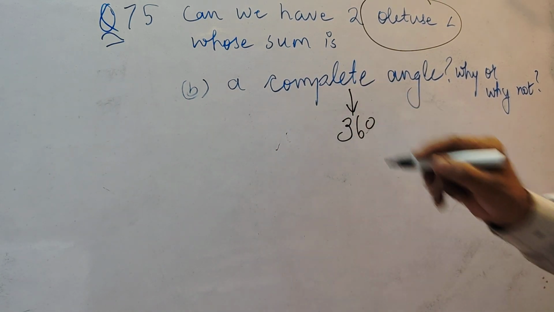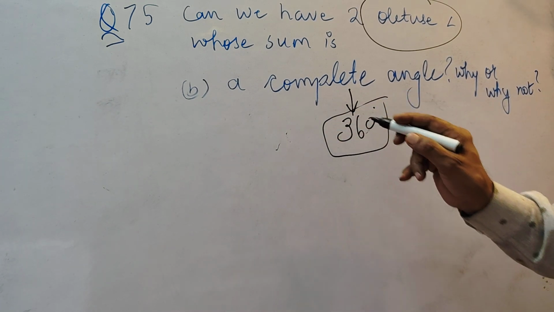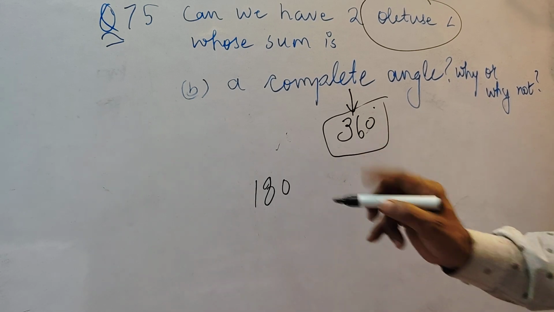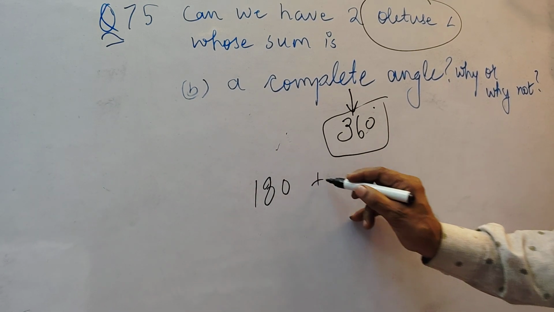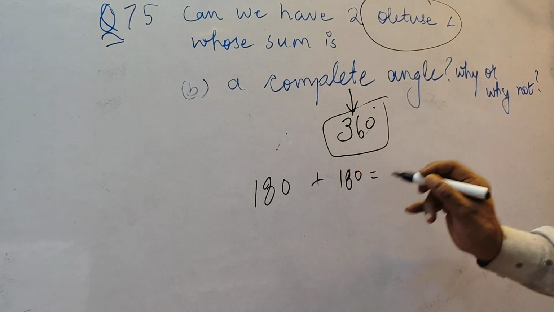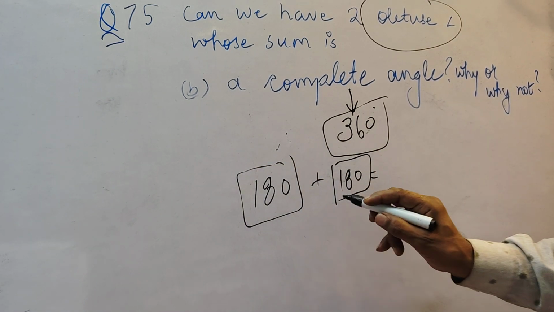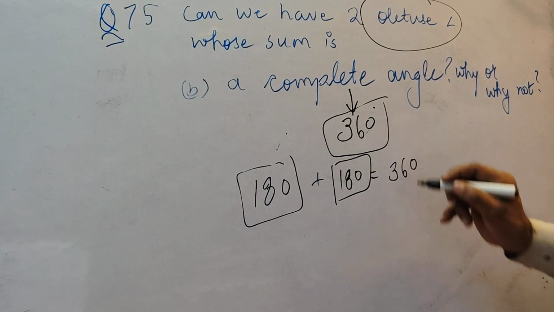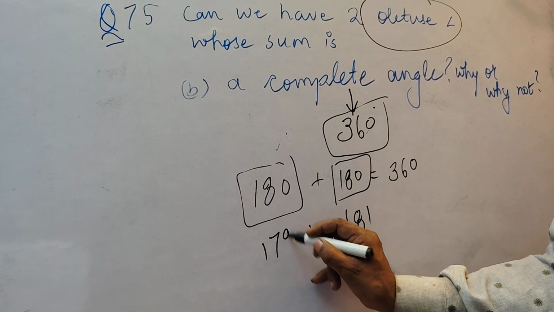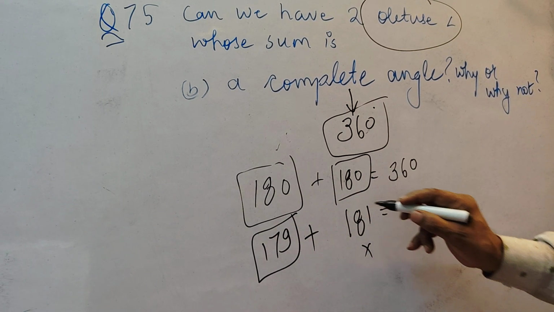A complete angle is 360 degrees. To obtain 360 degrees, we need at least one angle of 180 or more, or both 180 and 180. 180 is the straight angle, it is not an obtuse angle. 180 and 180 give 360, or we can take 181 and 179. 179 is an obtuse angle, but 181 is not, it is a reflex angle.